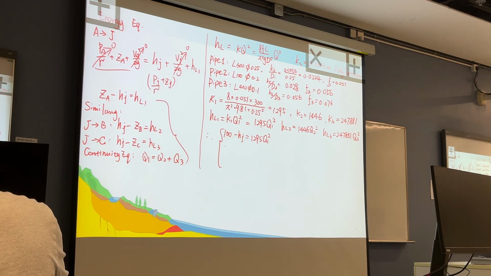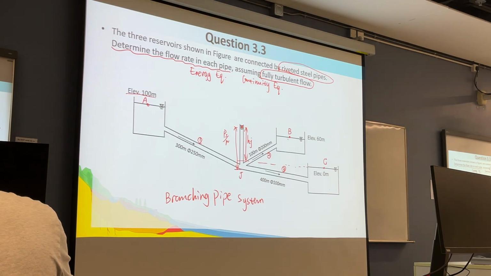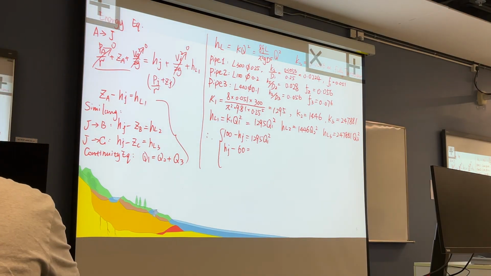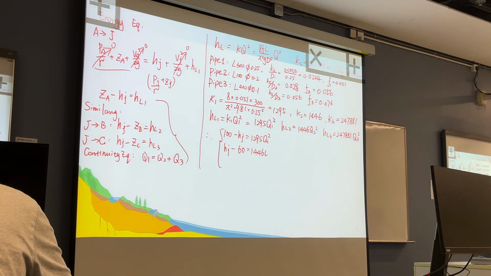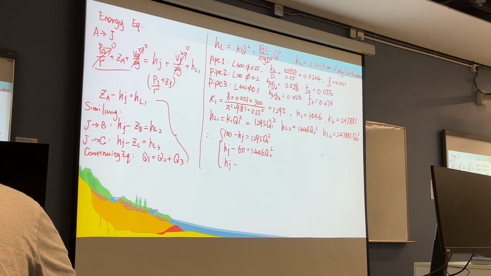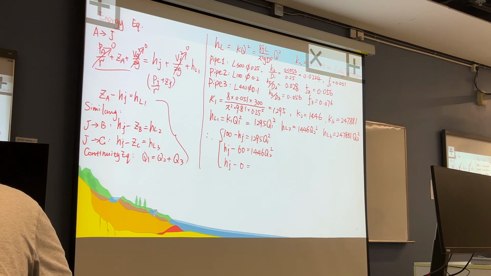The second equation is HJ subtract ZB, which is 60 meter for the B reservoir, is equal to HL2, which is 1446 Q2 squared. Equation 3, HJ subtract ZC is 0, so that it is 0. We also copy this: 247,881 Q3 squared.